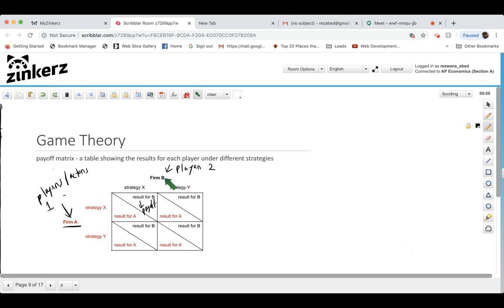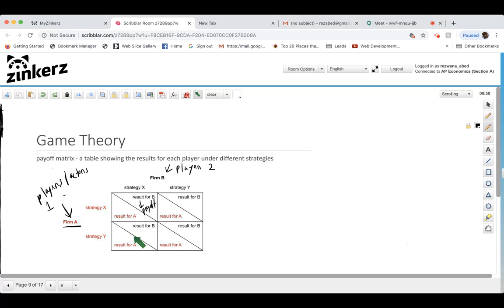And for farm B, or player two, these are its outcomes or payoffs. The results for B, as it says on each of these cells, come after the slash, this diagonal.